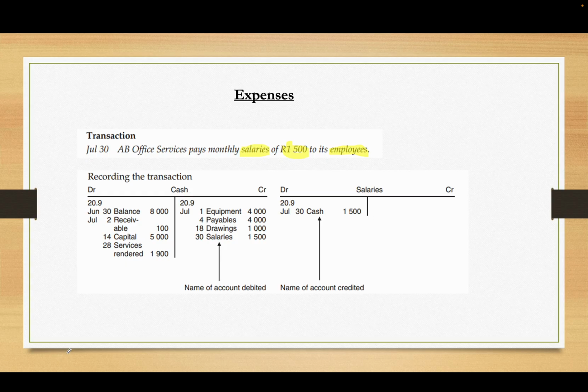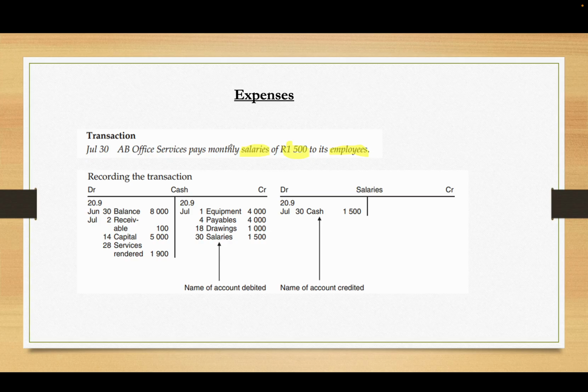Right? Okay, let's get back into this. How does AB Office Services pay monthly salaries? It pays through the bank. They use the money the business has. So how do we pay expenses in this business?